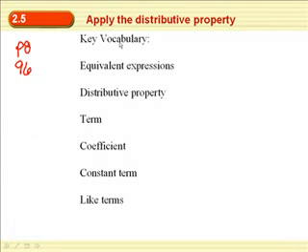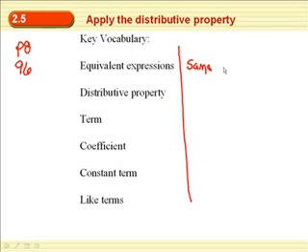So let's go through equivalent expressions. Equivalent expressions is on page 96. It says two expressions that have the same value are called equivalent expressions. So basically, expressions that have the same value.